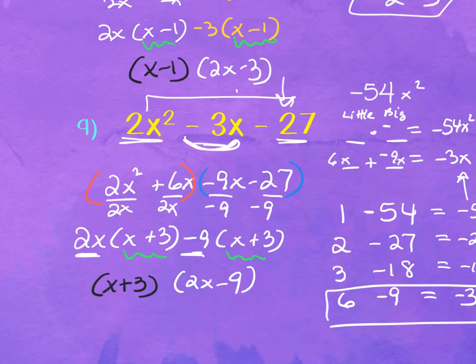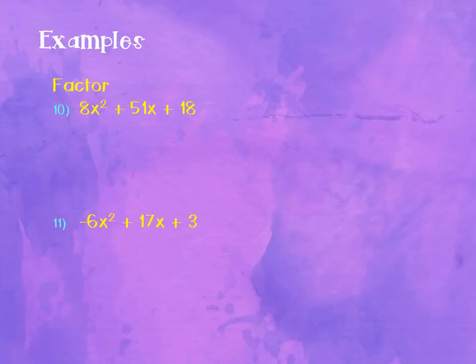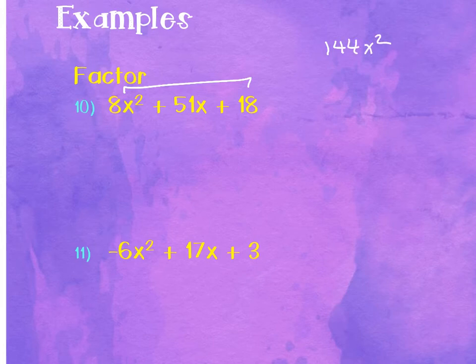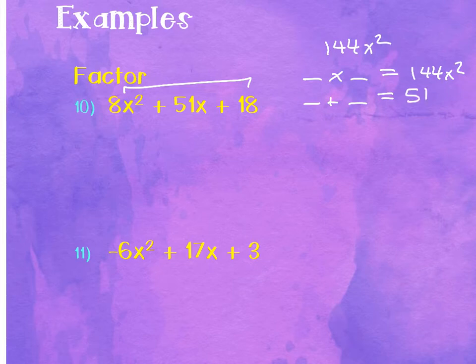Let's try the next one. A little bit bigger number. 8 times 18. 144. Two numbers to multiply to give me 144. And two numbers to add to give me 51. And again, this is positive.